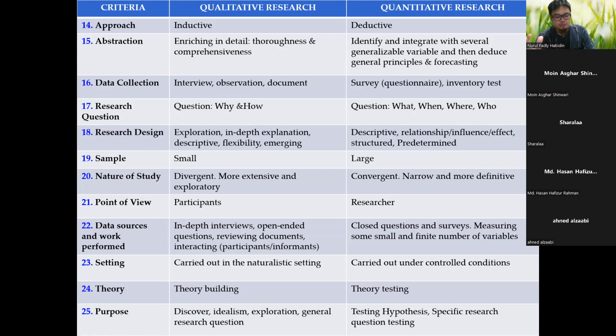I think I need to continue for the next weeks. Following week, I need to discuss more on this because in methodology, before we explain another thing in the quantitative, we need to know these 25 things on methodology, and also we need to differentiate between quantitative and qualitative research.